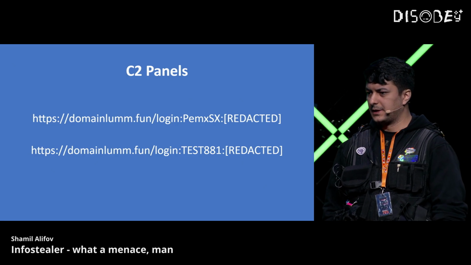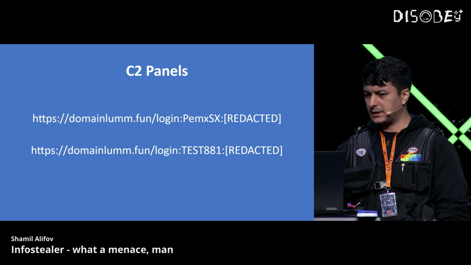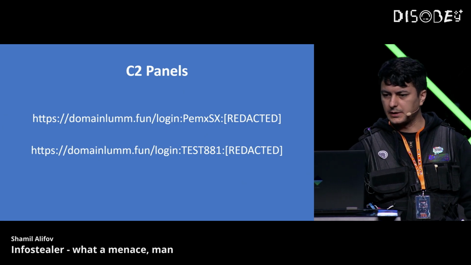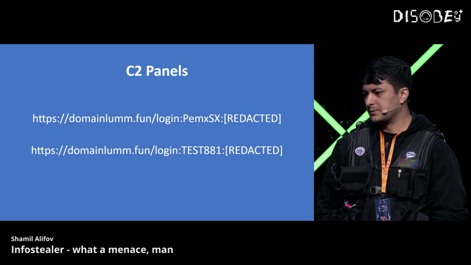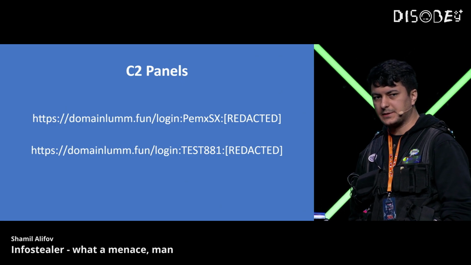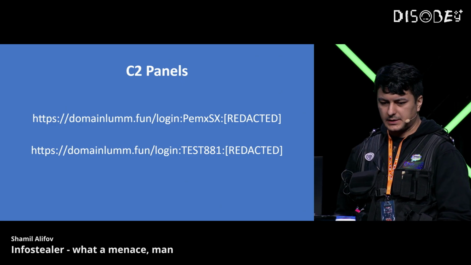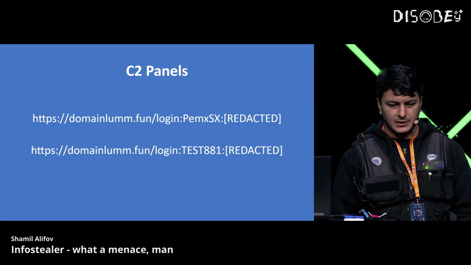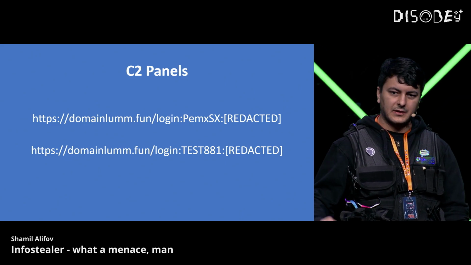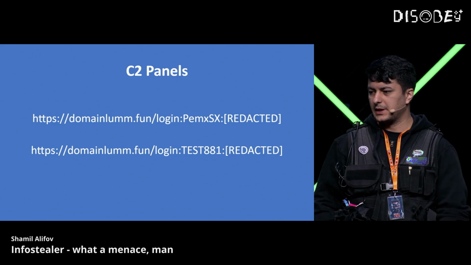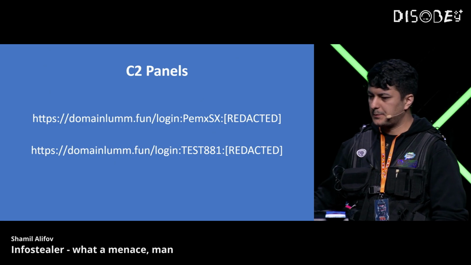So I guess PEMXSX and Test881 are the operators of the malware, or, well, those who bought the license. And this is quite interesting because we can use it in a way of turning the tables on them and trying to track them.